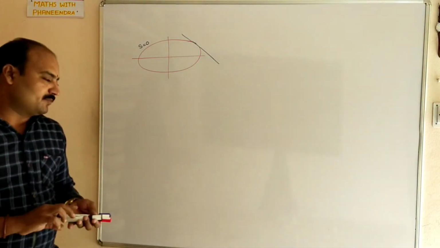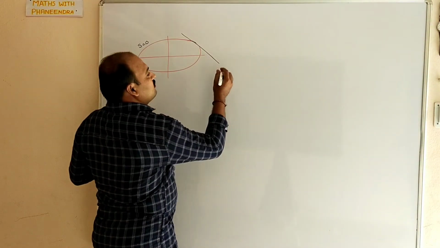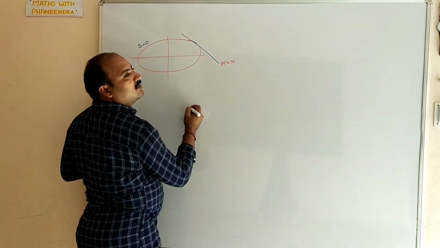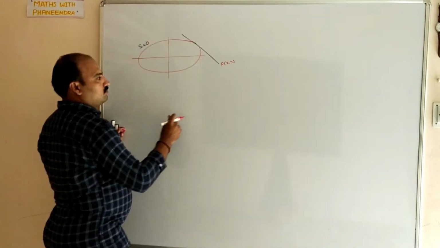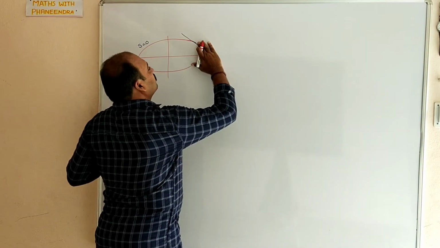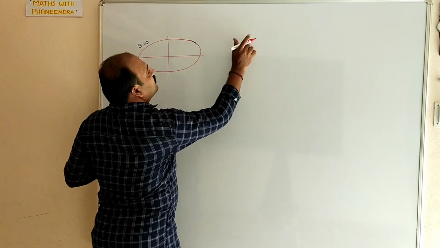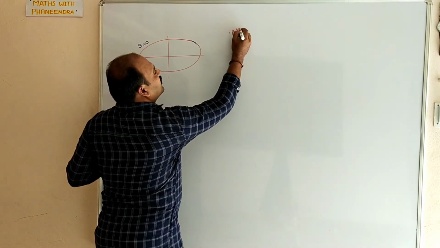The next concept. Here some point P of x1 comma y1 we are taking. This is the ellipse equation. We are taking some point there, P of x1 y1.